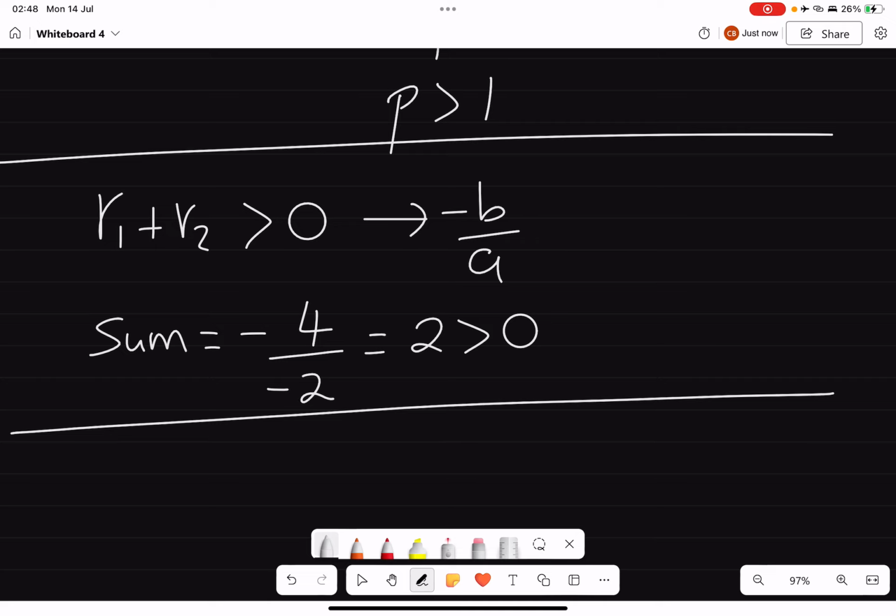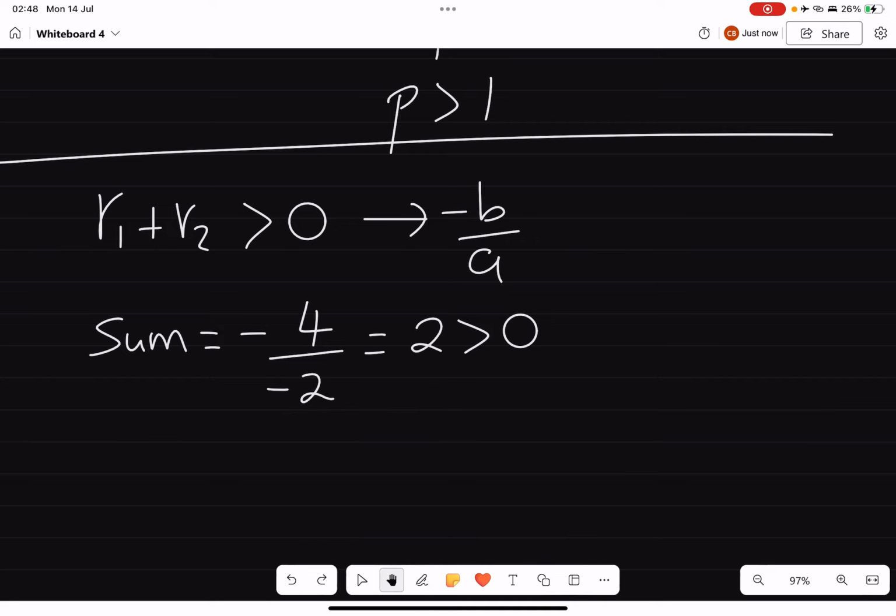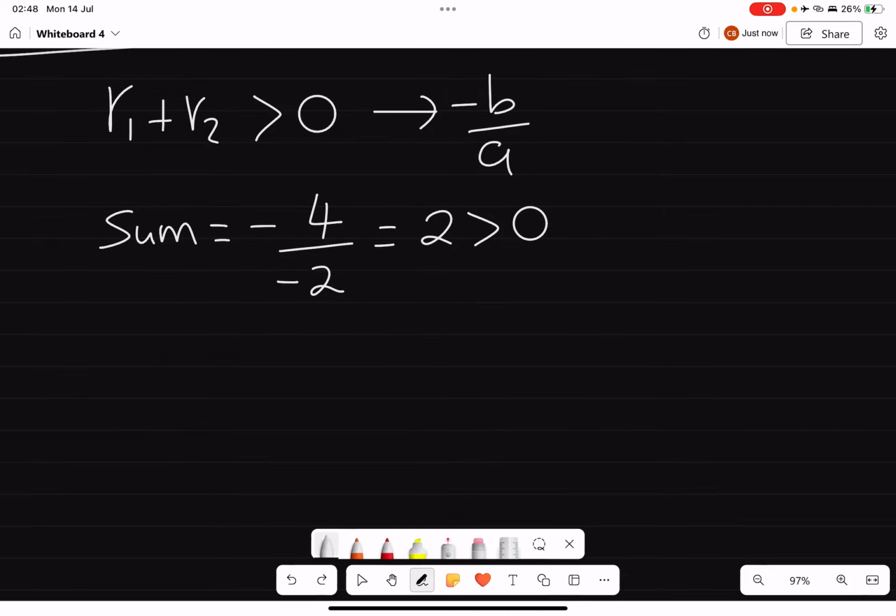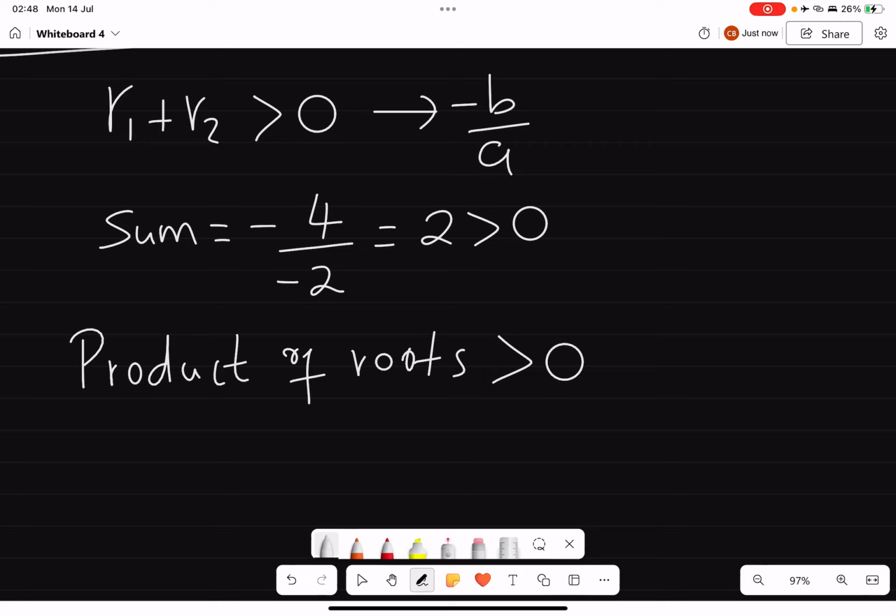Now we need to check the product of roots. If the two roots are both positive, if we multiply two positive numbers, we get a positive number. So the product of roots must also be bigger than 0. And the product of the roots in a quadratic equation is given by c over a.